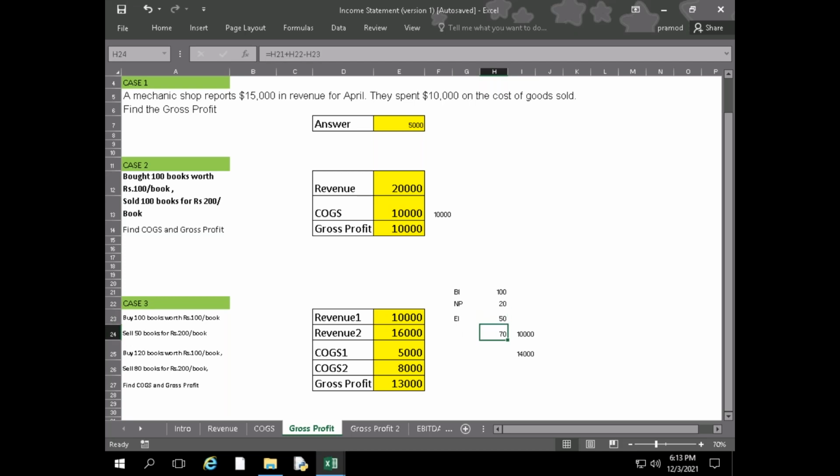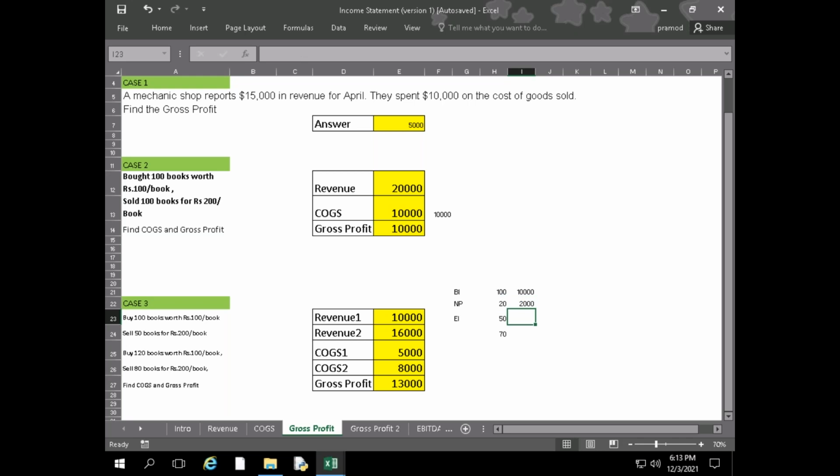For this value, if they give it, you need to find it out based on the value. So for example, 100 into 100. This is your beginning inventory, 10,000. Again, 20 into 100, so it is your new purchase, 2,000 you have purchased.